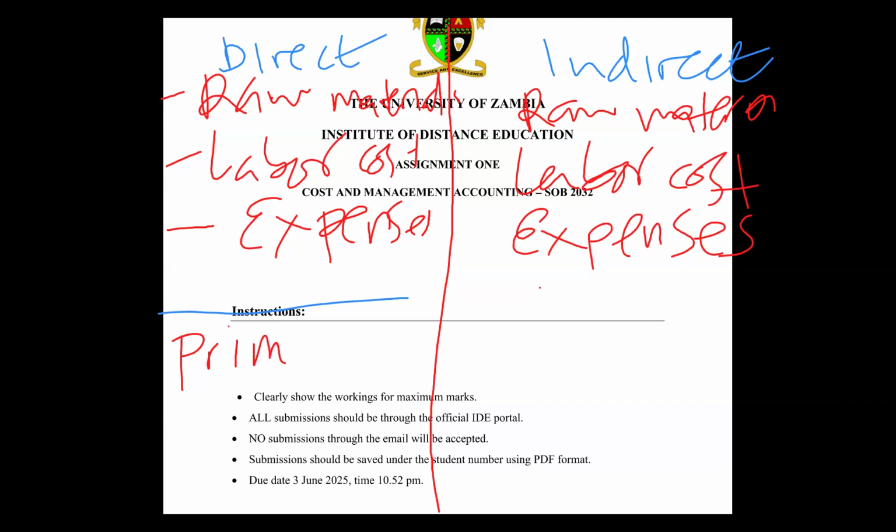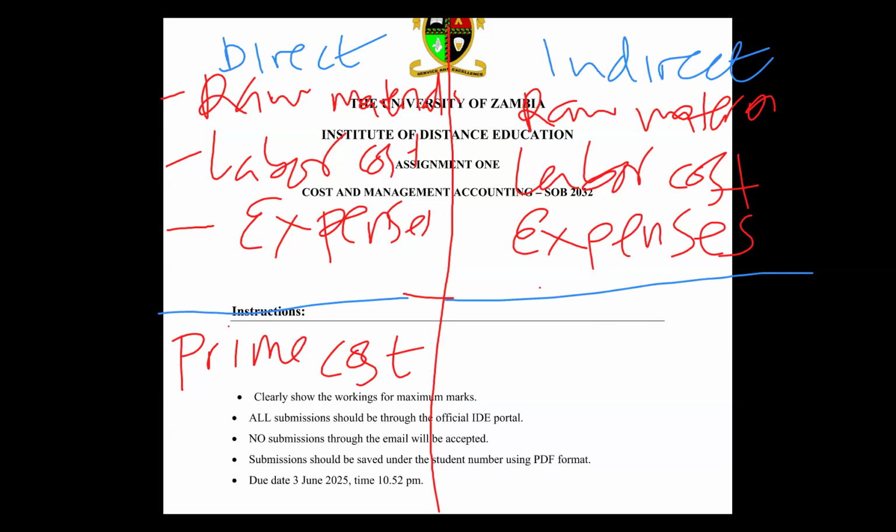Is that clear? This forms what we call the prime cost. So when you hear somebody talk about the prime cost, they're basically talking about the direct cost, that is to say the direct material cost, direct labor cost, and direct expenses.